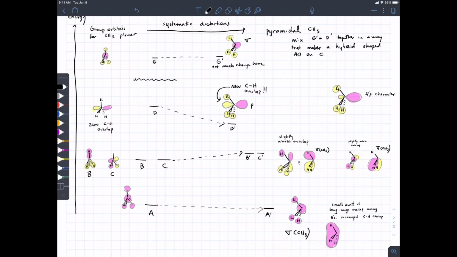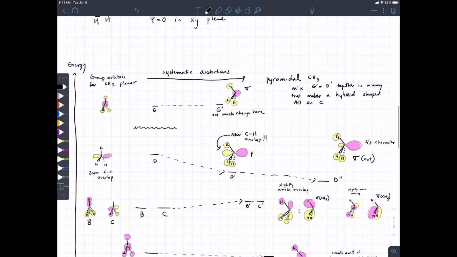Maybe we want to put it here. D double prime, I guess. And now that we've remixed and changed that orbital in the middle, that's our sigma out orbital. It won't matter what the G prime looks like once we've mixed it together.